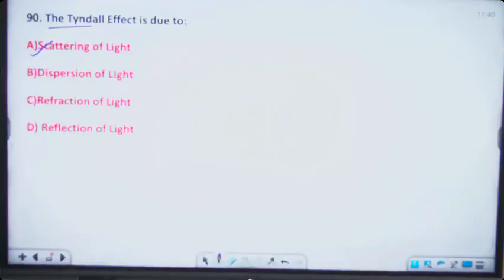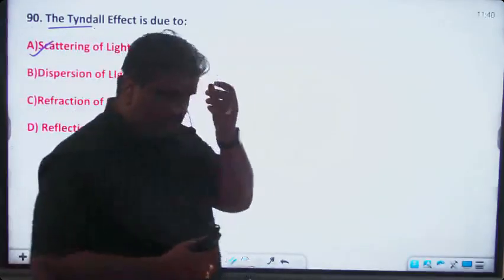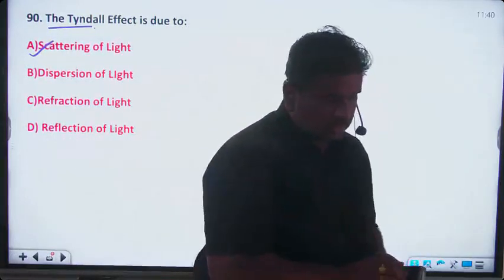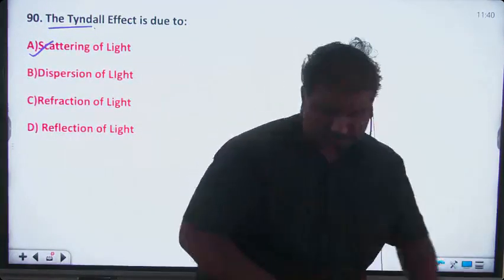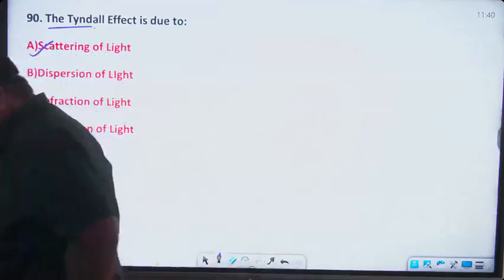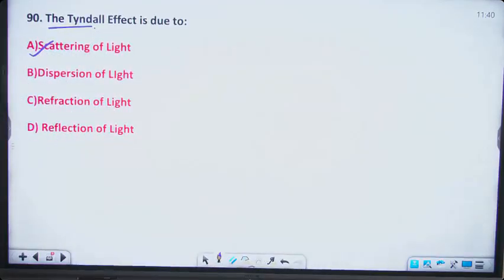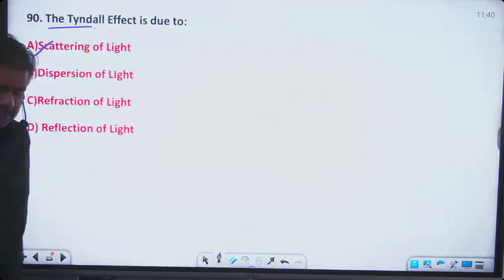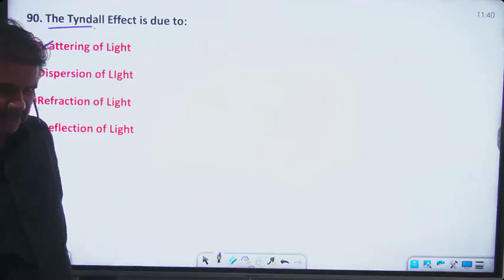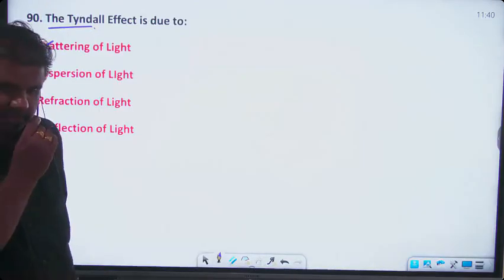Okay guys, it's the 54th question. Check the 54th question in your handout. I think the question is which of the following is not a unit of flux density, right?